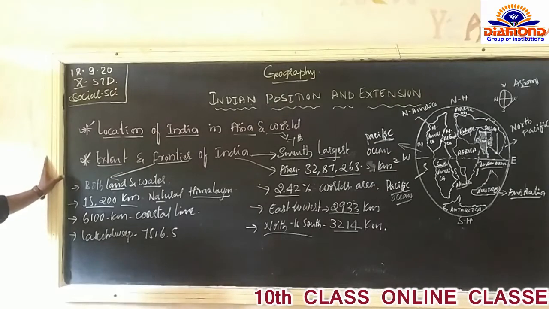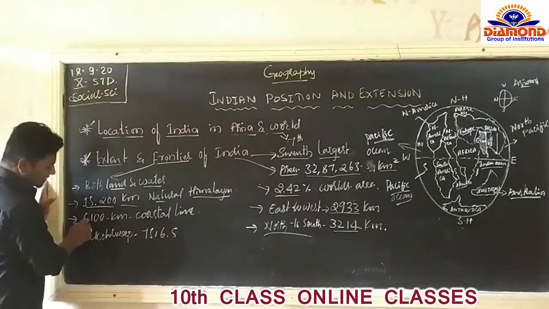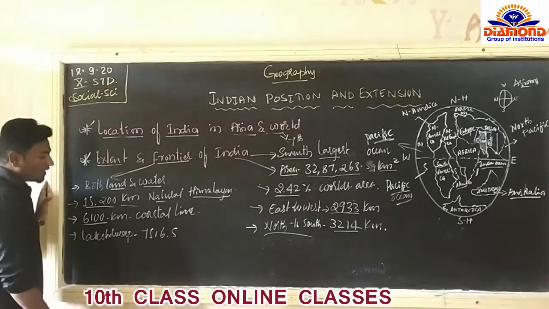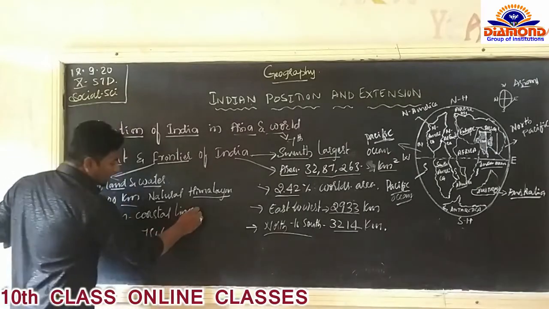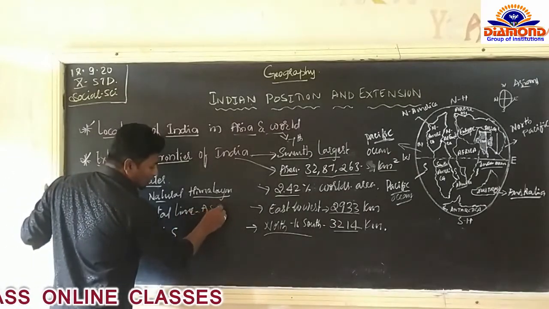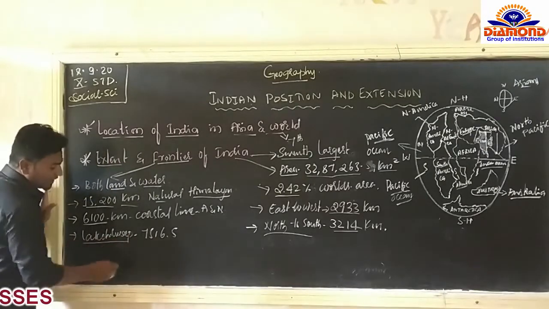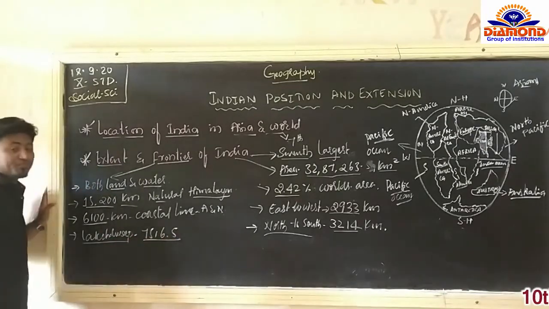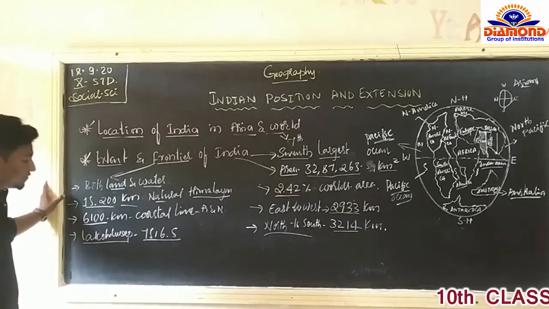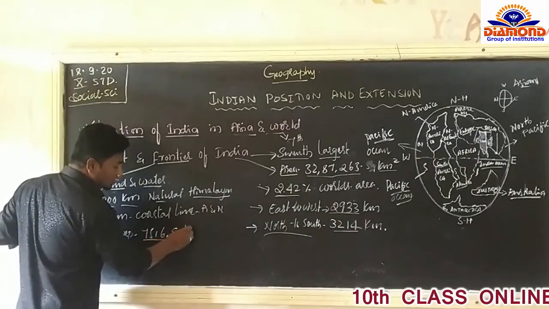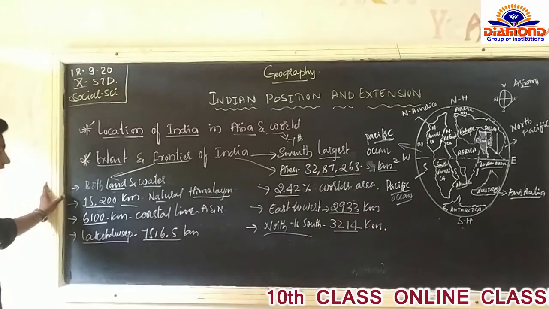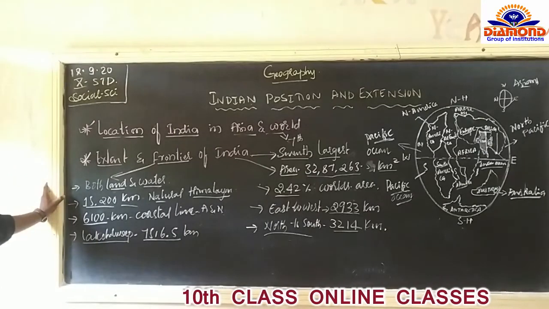When it comes to the coastal lines, it is 6,100 kilometers. When the same is considered with Andaman and Nicobar and Lakshadweep, it is 7,516.5 kilometers. Okay, it is the coastal line of India.